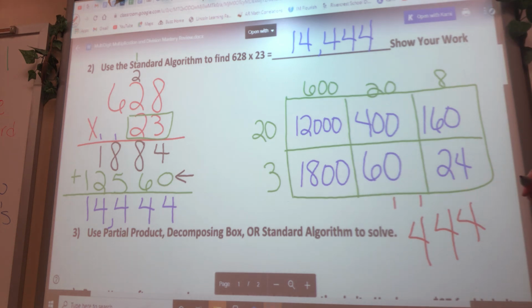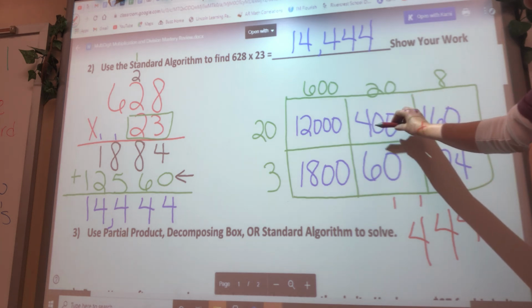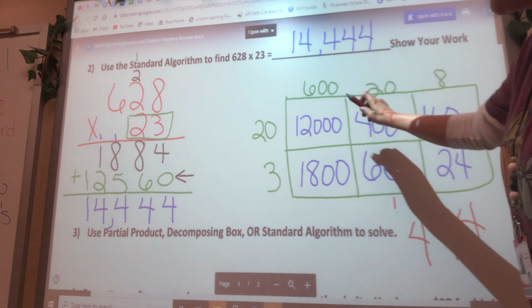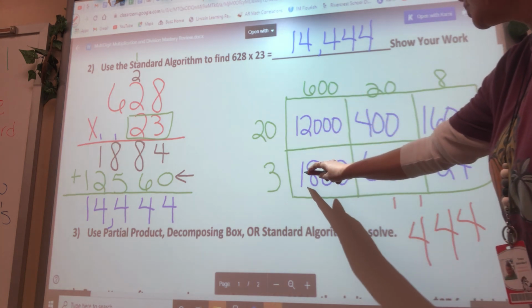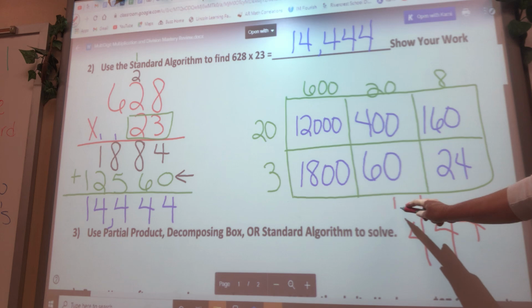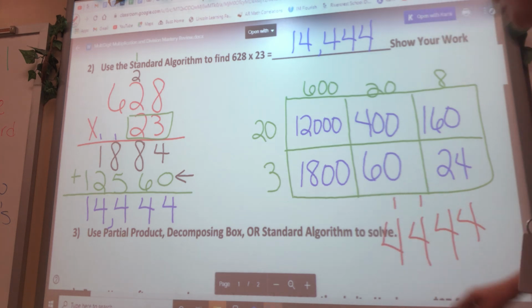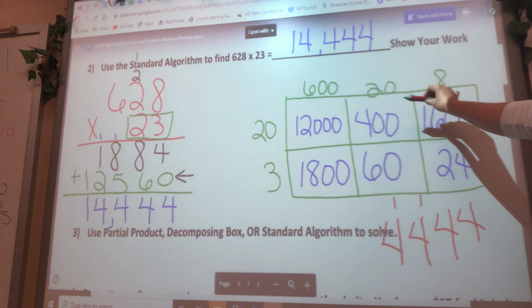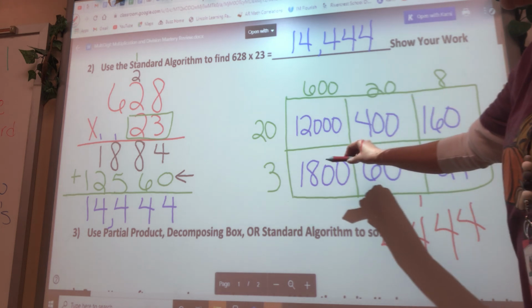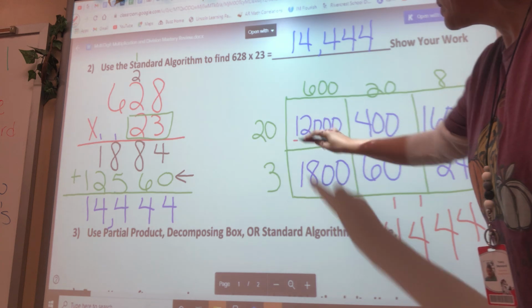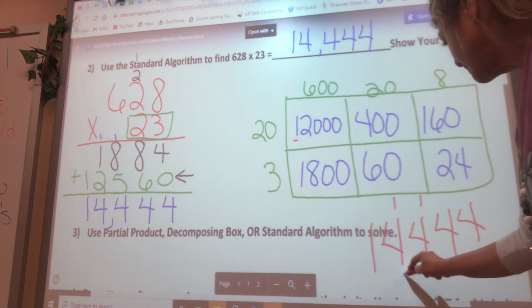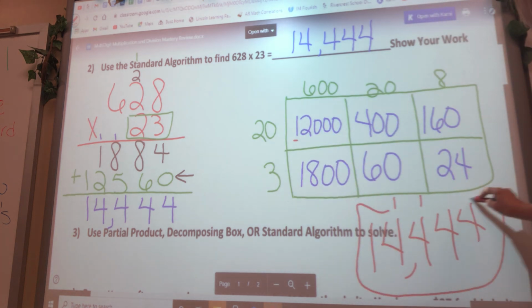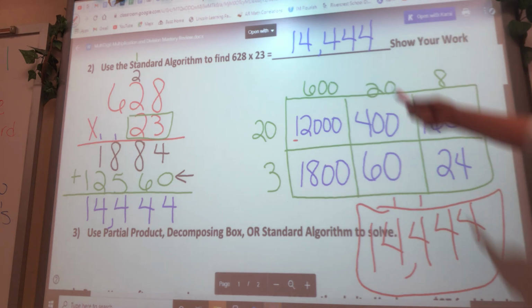When I get to the thousands place, I don't have any, but I have a 2 and a 1 is 3, plus the 1 that I carried is 4. And then in the 10,000s place, I don't have any, and I just have the 1. So my final answer when checking with the decomposing box and checking place value, I still get the same answer.